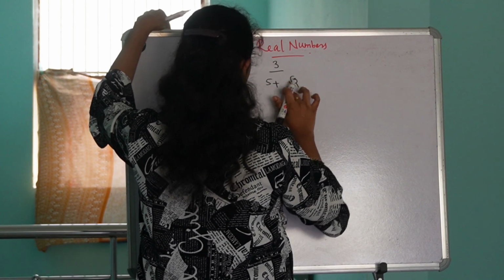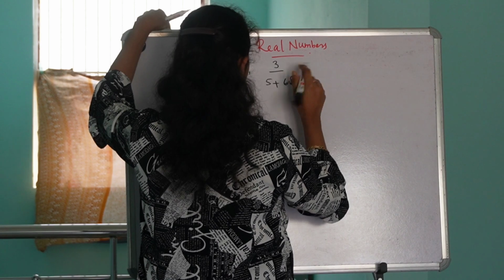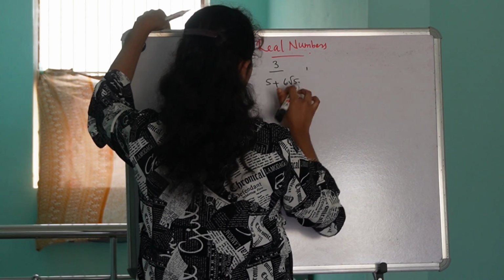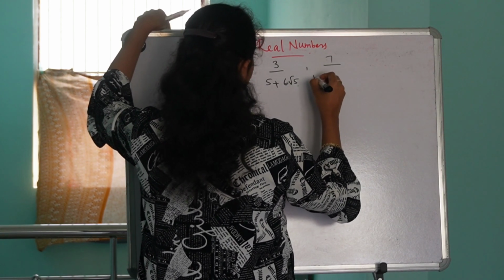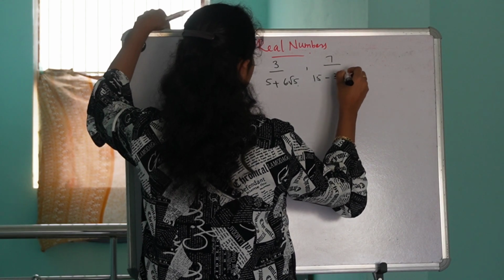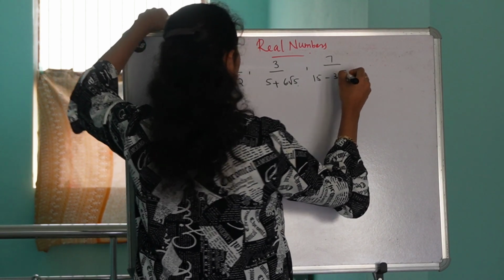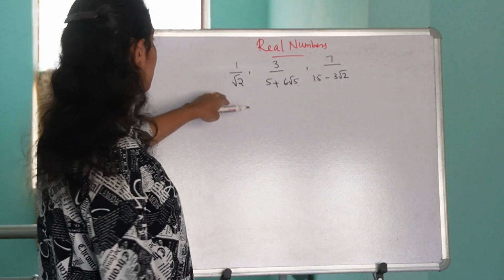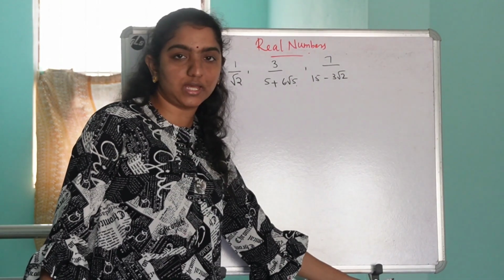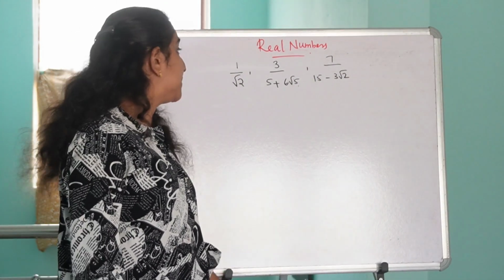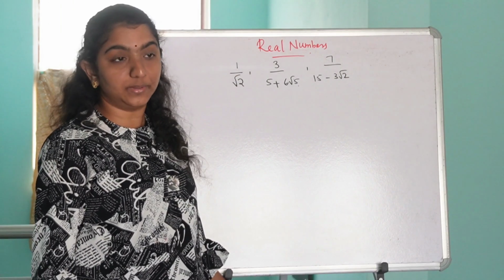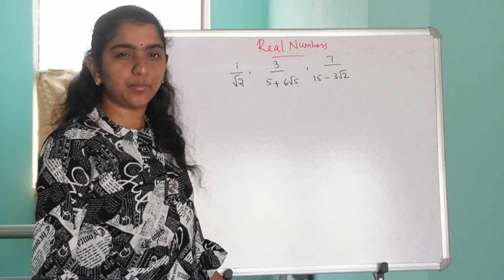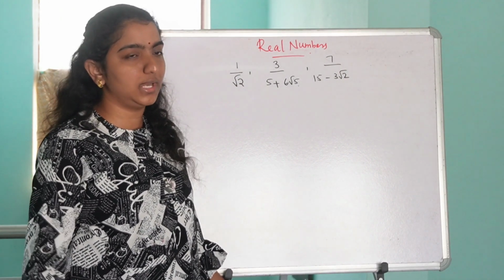Now 10, let it be 6, and here also 5. Okay. 7 divided by 15 minus 3 root 2, etc. If you are asked to find the points representing these kinds of real numbers, is it easy to find them?